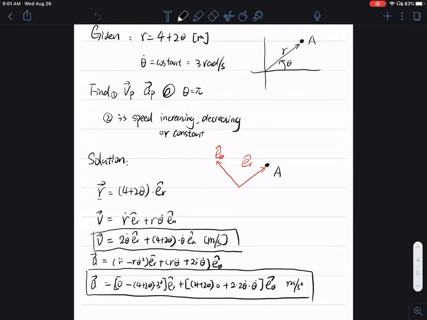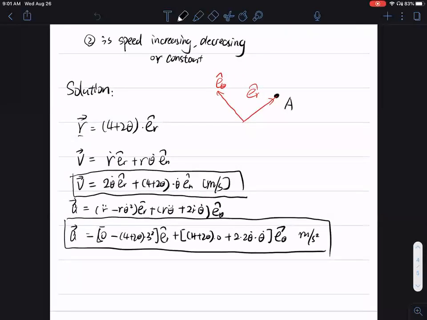How we did that is just using the given conditions r and theta dot to construct our velocity and acceleration under the polar coordinate system. And we have velocity and acceleration found for this particle.